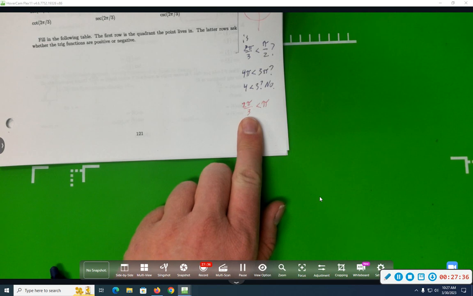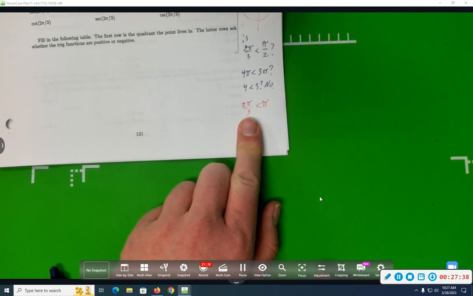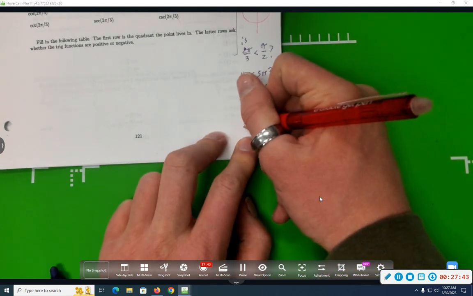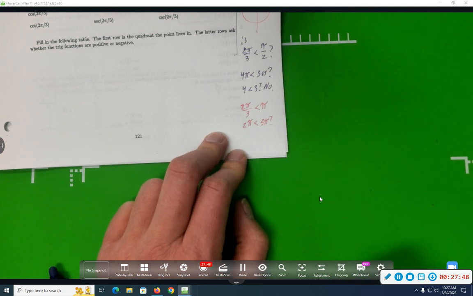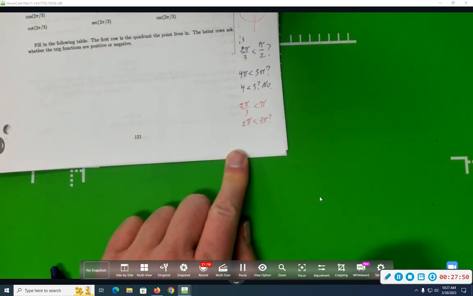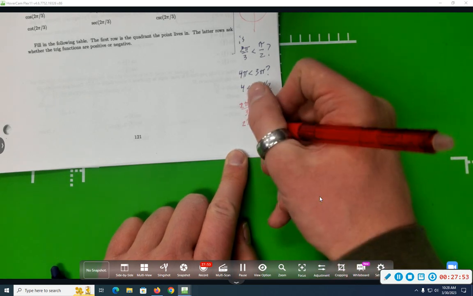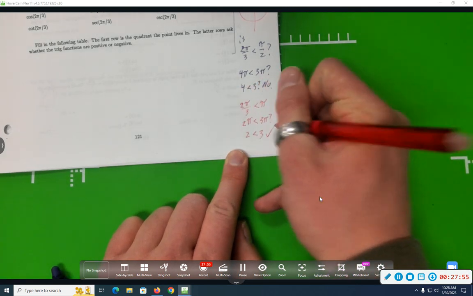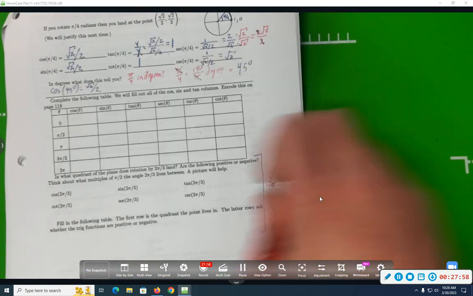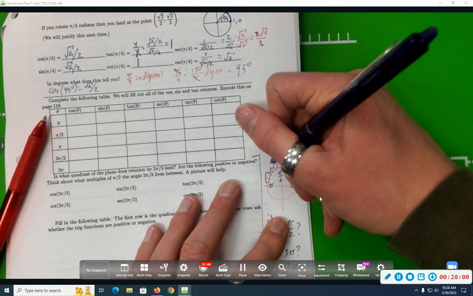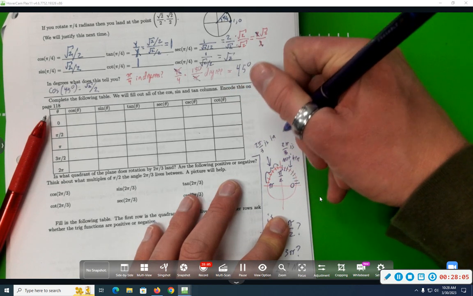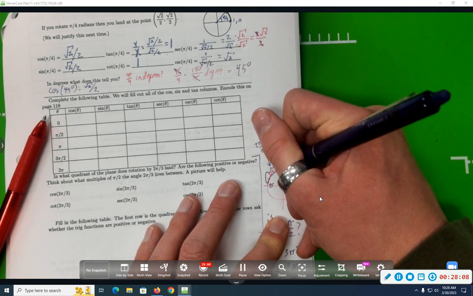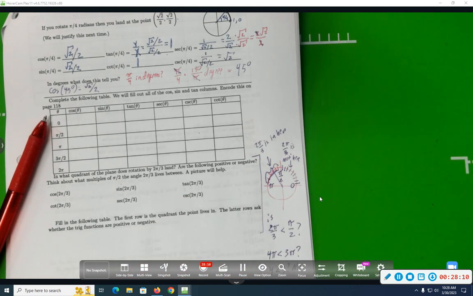What's something we could do to both sides to simplify? You could multiply by 3. It would become, is 2 pi less than 3 pi? Is that obviously true or obviously false? It's obviously true, because 2 is less than 3. So, what that means is 2 pi over 3 is in this range. It's about there-ish.